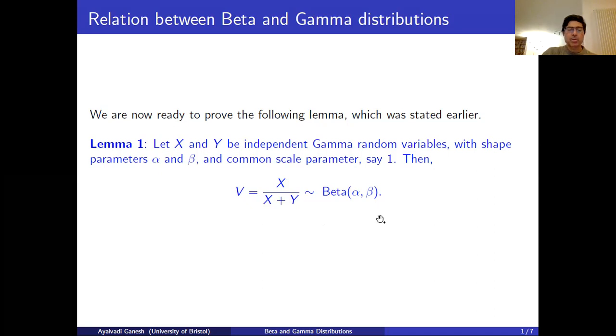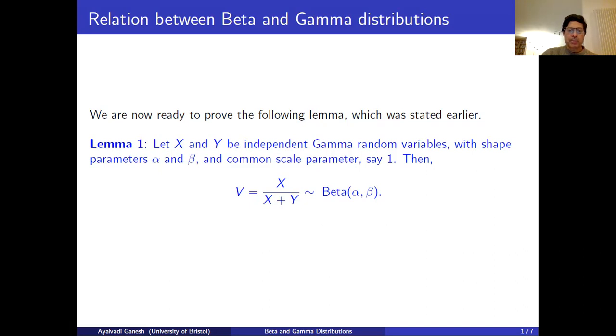Okay, that's what we need to do. And we know the densities of X and Y, which are gamma with given parameters.